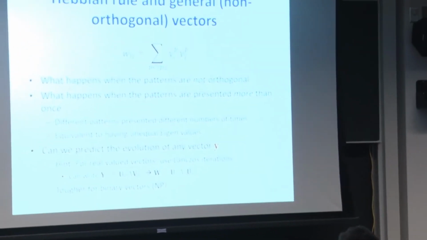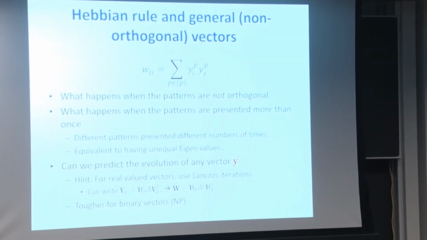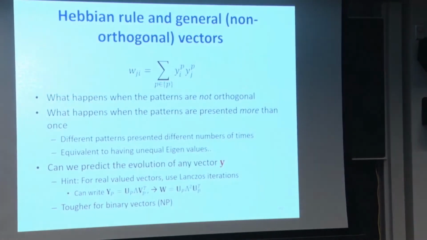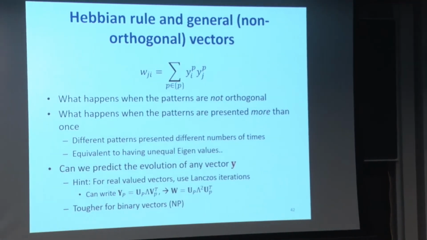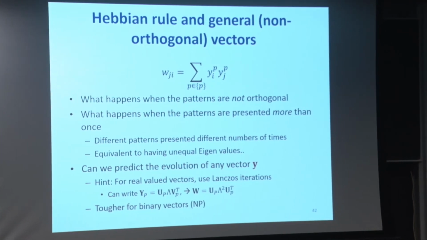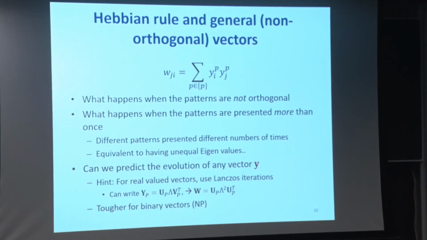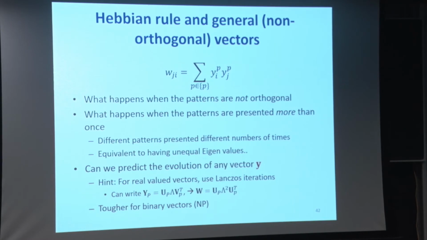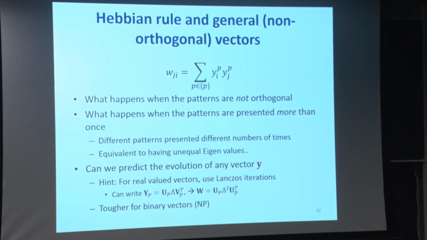Eventually, if I keep repeating this process, what will happen? The whole thing is going to explode in one direction, the one which has the largest lambda. The others are going to collapse, right? And you're going to end up pointing in the direction of the largest lambda. So this is not good behavior.